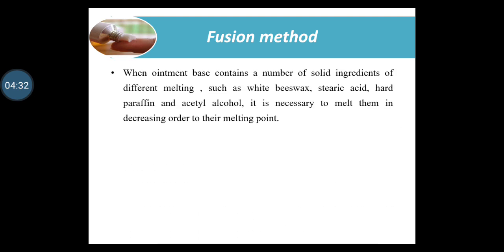Now next we are going to see the fusion method. When ointment base contains a number of solid ingredients, means more than one ingredient is incorporated, with different melting points such as white beeswax, stearic acid, hard paraffin, and cetyl alcohol, it is necessary to melt them in decreasing order of their melting point.